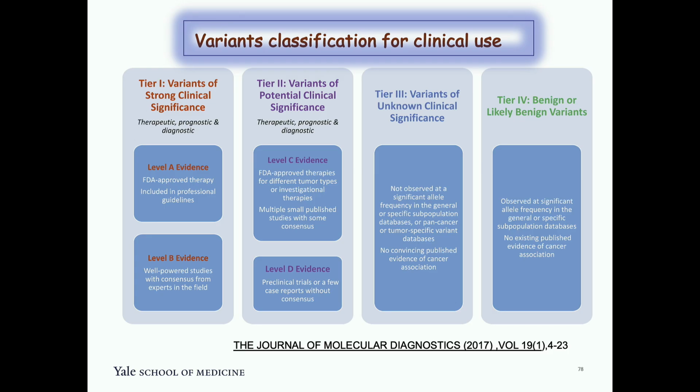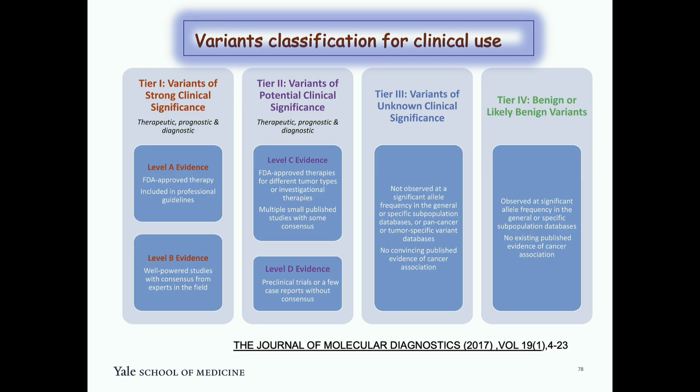Dr. Amit went through this yesterday, but the idea is that you can classify variants based on what kind of evidence is present, and based on that you can use them for various purposes. Variants of strong clinical significance, like tier 1 variants, are used for therapeutic, prognostic as well as diagnostic purposes. Similarly, you can use tier 2 variants, which again need various levels of evidence.